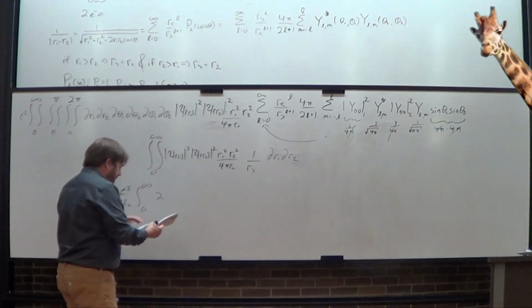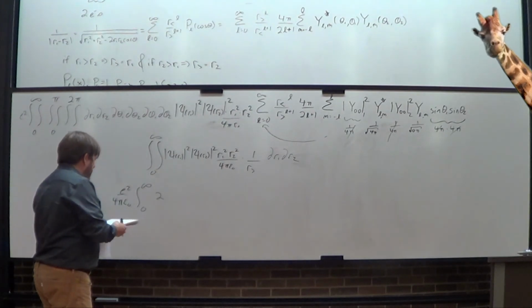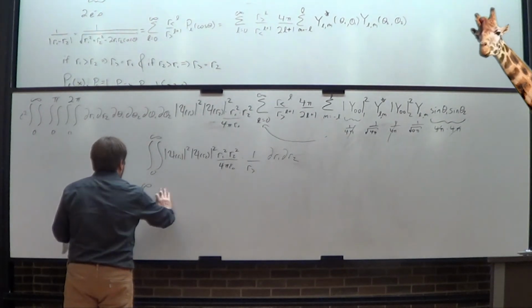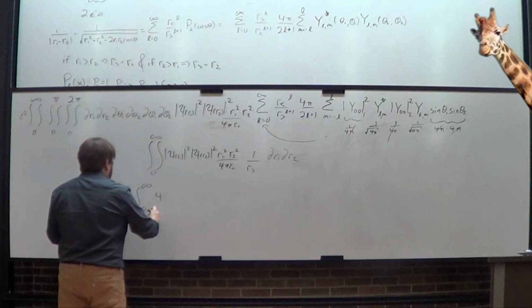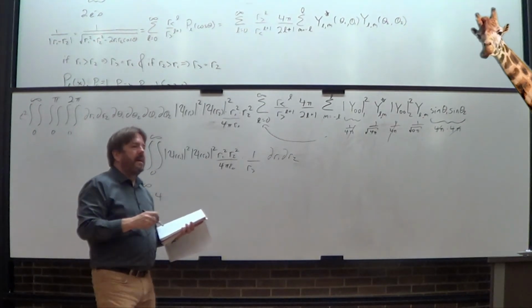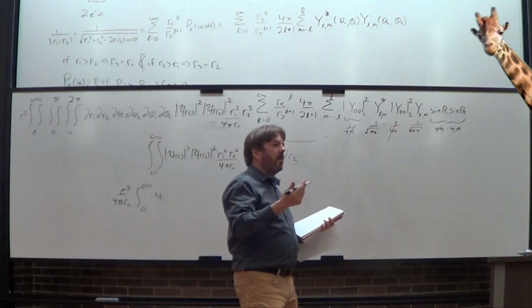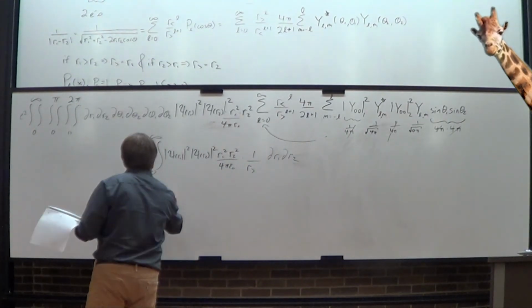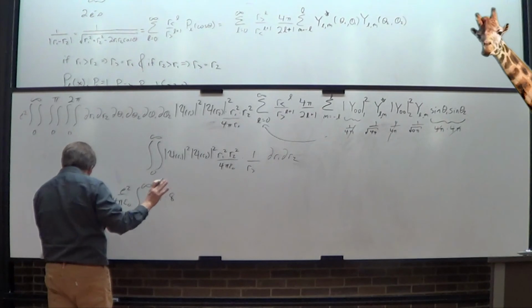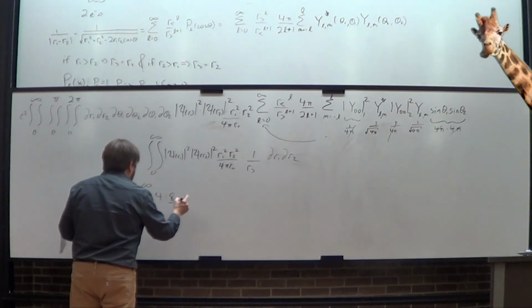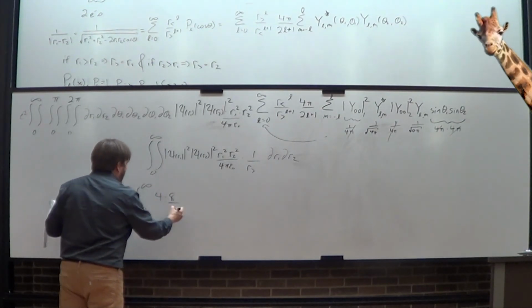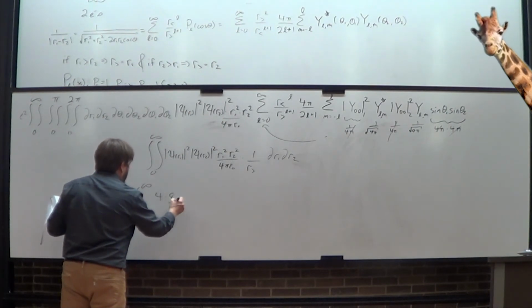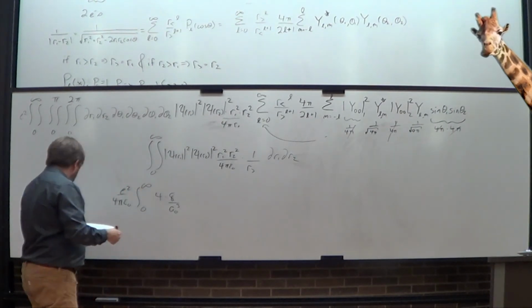2, because I have to square the wave function. 2 squared is 4. Then I've got z over a naught to the 3 halves, and I'm squaring it. Z is 2, so 2 to the 3 is 8. Just look at what I wrote for the wave function. z over a naught to the 3 halves squared is 2 to the 3, which is 8, and I've got a naught to the 3.